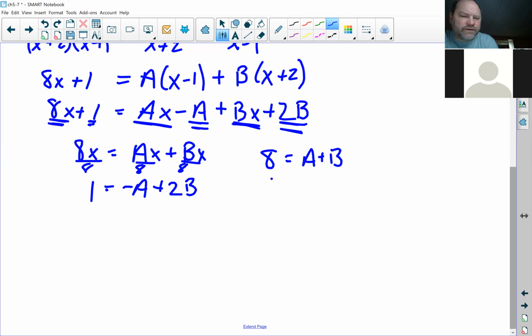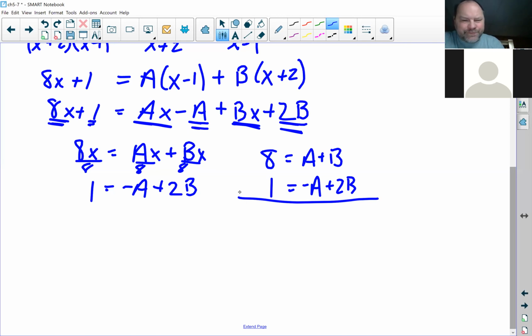And my second equation, 1 equals the opposite of a plus 2b. And now I can solve for either a or b by using things like substitution or elimination. I could use matrix manipulation if I wanted.